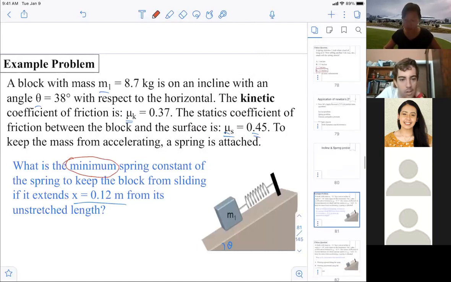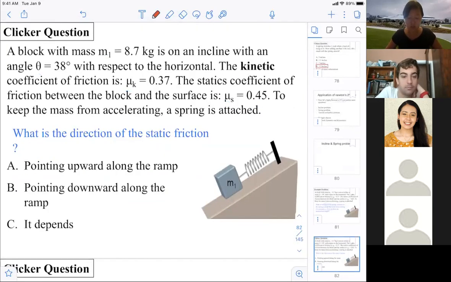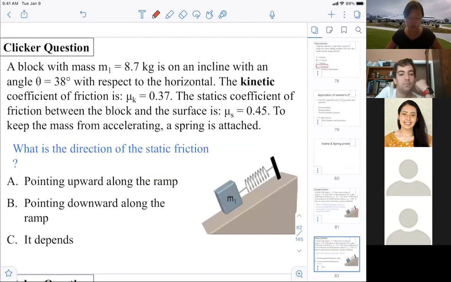We're not going to be able to finish solving the problem, but qualitatively, let's analyze it before we end the class today. So here we want to really think about what it means by the minimum spring constant you need. If I ask you, let's draw the free body diagram.